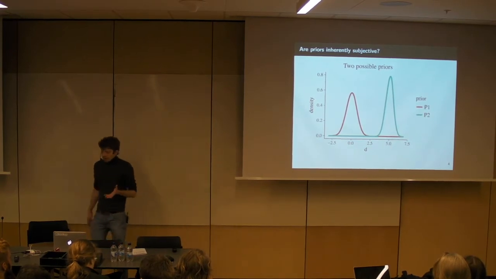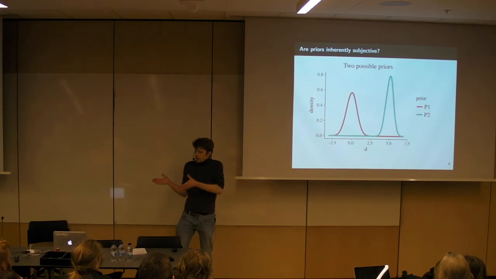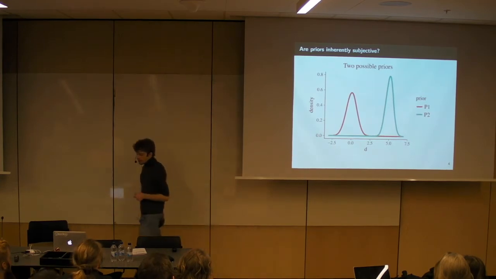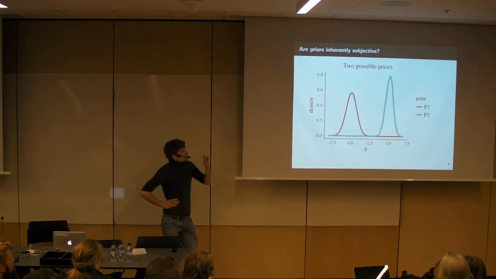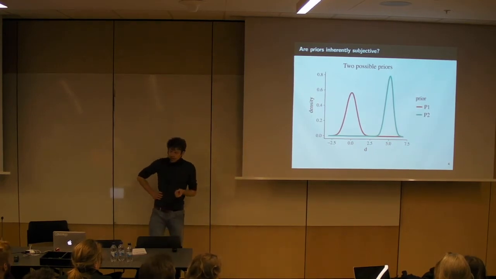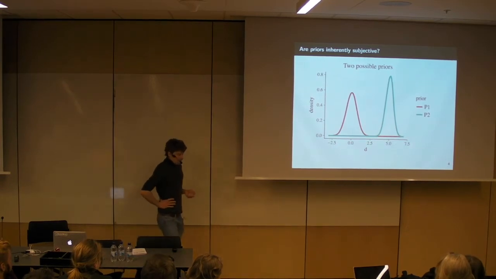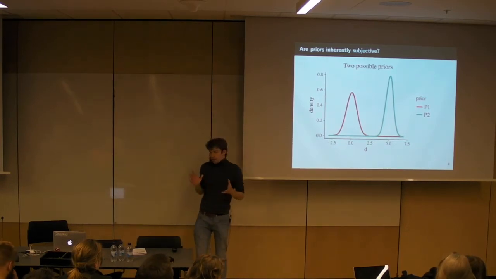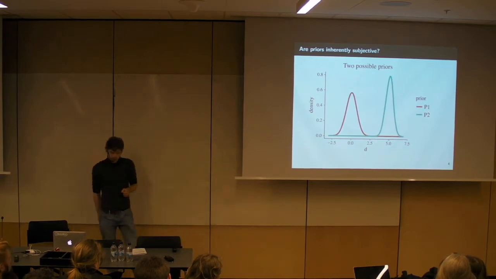So in a way, priors are subjective because people have other opinions, but also other knowledge. So depending on the knowledge, the prior might change. So in a way, we can say yes, priors are inherently subjective, or can be subjective. But there is also much other information which we can put into priors which isn't necessarily subjective.